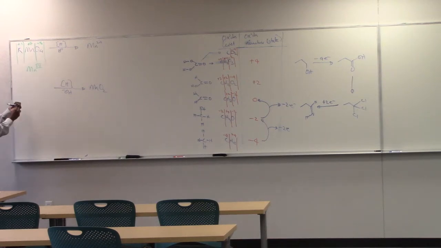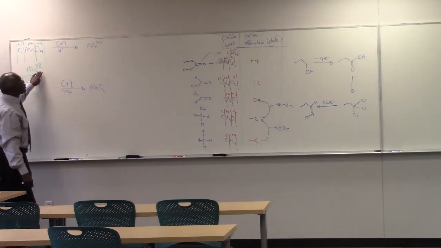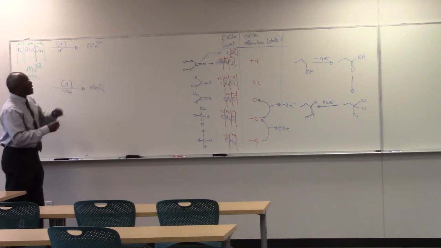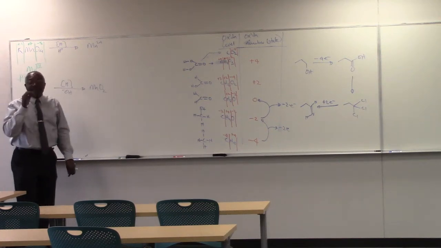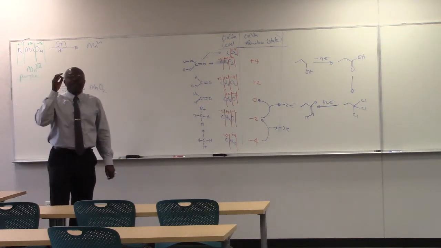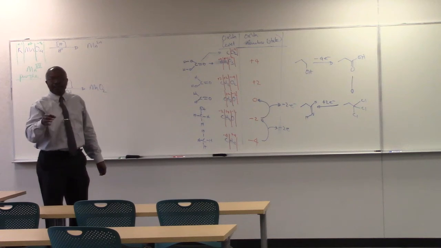Now we're all adults, we know that a metal can't have a charge of 7+, so this really is a formal charge. But this is manganese 7. Manganese 7 is a very deep purple color. Under acidic conditions, manganese 7 gets reduced to manganese 2. Manganese 2 is a very, very pale pink.